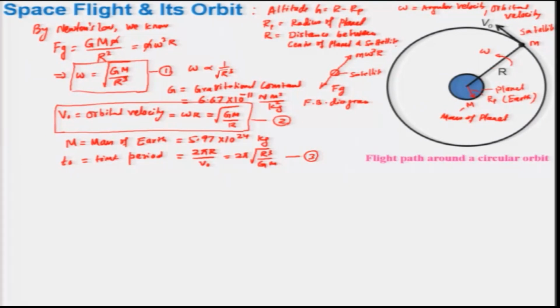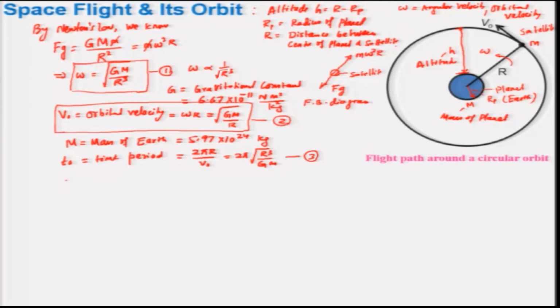And interestingly, you will find that h is the altitude. In this case the altitude will be this h, from here to here, and we call it basically altitude.